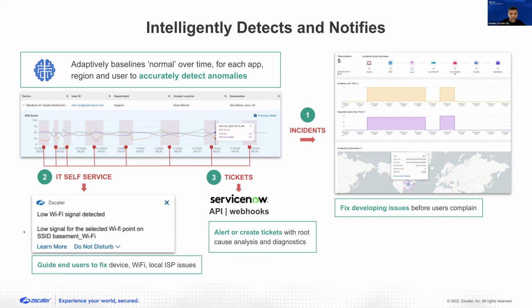So what we do here is, because we sit on everybody's desktop, the moment we detect things like low Wi-Fi, high CPU usage, or high memory usage, we simply send the end user a notification saying, hey, we detected a low Wi-Fi signal. Either you moved away from your router, or if that's not the case, maybe restarting your computer or your router might fix this problem. So we are telling the user upfront how to fix these things instead of them going and creating a ticket in your ticketing system to get some help, right?